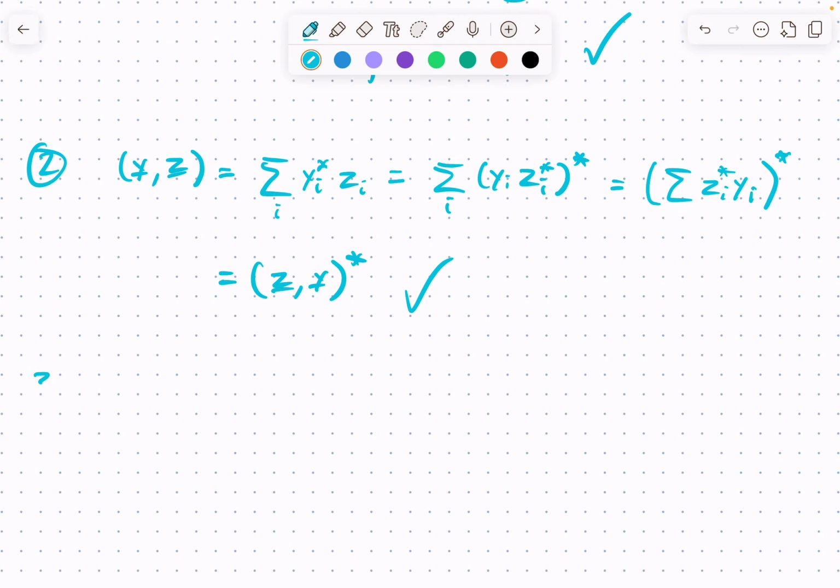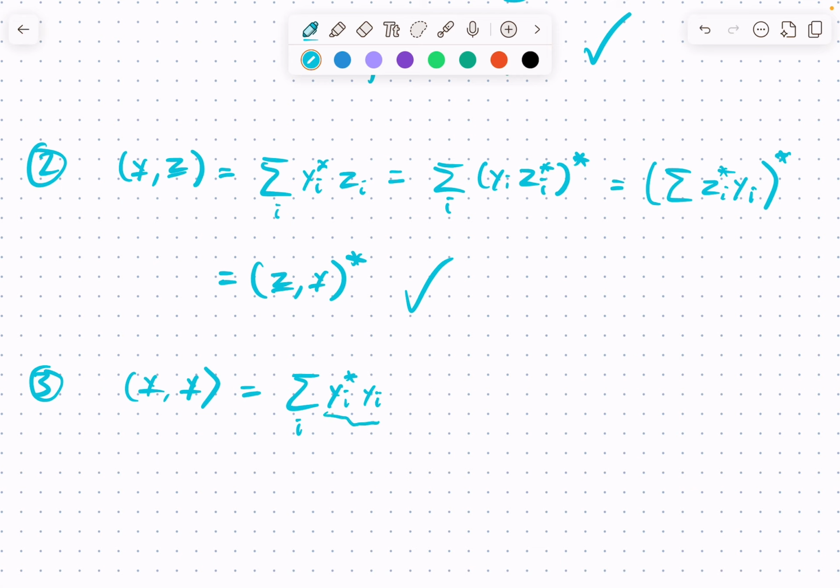Okay, third property, we want to say that when we take the inner product of the same vector, it has to be greater than or equal to 0 with equality if and only if that vector is equal to 0. So we'll just expand this a little bit using the definition. We have this thing.